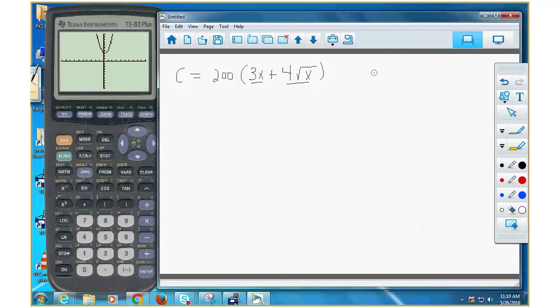If you were to, you would get 600x plus 800 square root of x, and then you could do the derivative of both like that. If you really like whips and chains, that's punishment. I mean, I would stick with this. Just do the inside. And it should be pretty simple for you now.